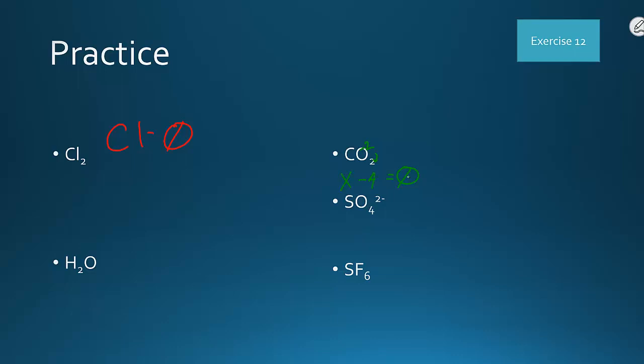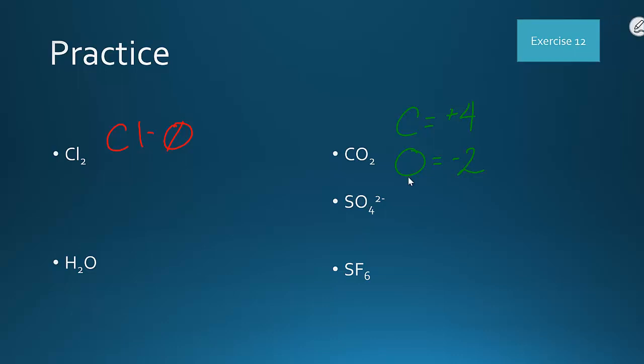So in order to determine what carbon is, basically add 4 to both sides, and you get that carbon has to be a +4. So in the compound carbon dioxide, carbon has a +4 oxidation state, and each oxygen has a -2 oxidation state.